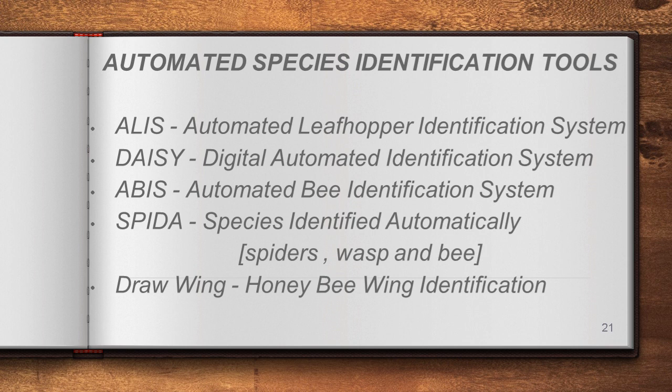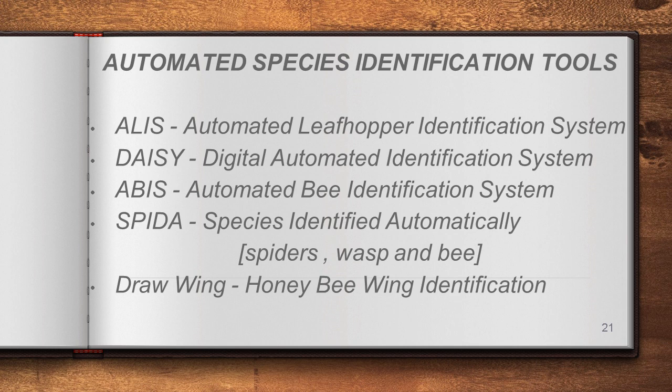If we go through this website, we can understand the information regarding the leafhopper. The next one, DAISY, means digital automated identification system, meaning we can collect this information in digital form from the internet.